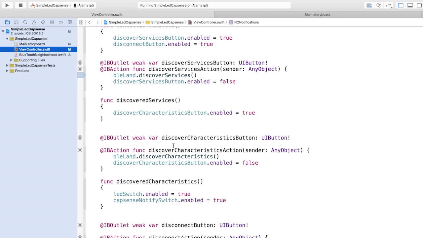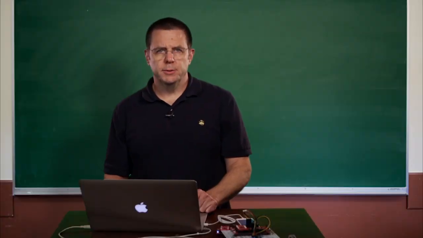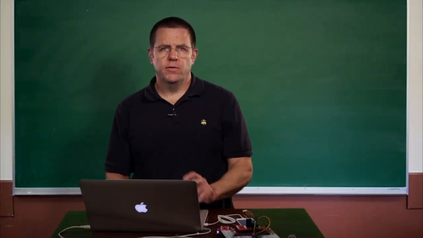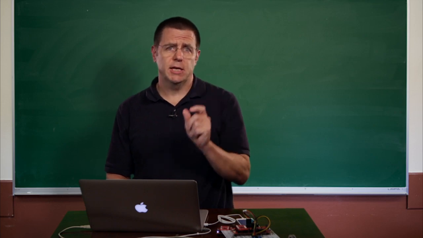So back in the model again, in the Bluetooth neighborhood, I have this function discover characteristics, which gets called from the view controller. And that function calls the CB peripheral method discover characteristics for service. And we're specifically interested in the characteristics that are associated with the CapSense LED service.